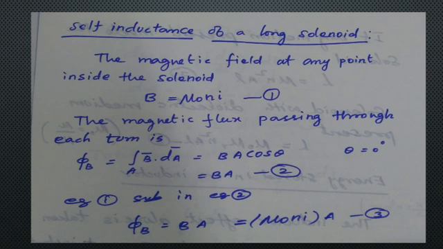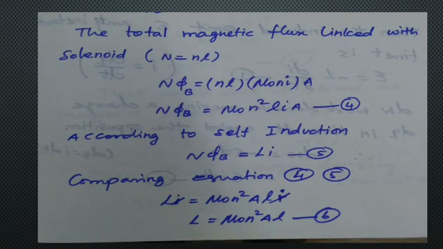So this is the magnetic field and the flux. Substituting the magnetic field in this equation, you will get this equation. Now come to the total magnetic flux. The total magnetic flux linked with the solenoid, N, is equal to n into L, where n is the number of turns per unit length.